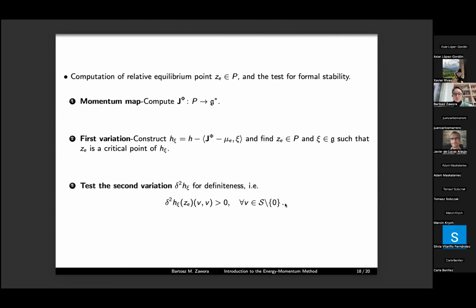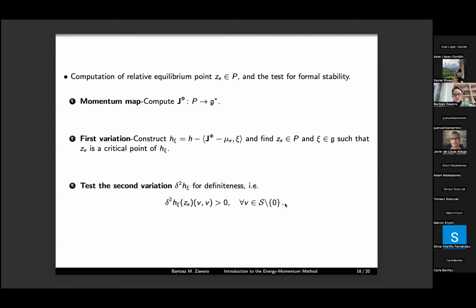The relative equilibrium points are not in general the equilibrium points of the initial Hamiltonian system, so the energy momentum method gives a very nice way of finding and characterizing these relative equilibrium points.